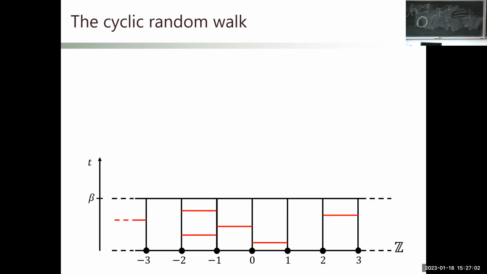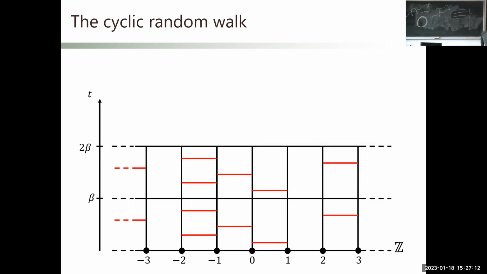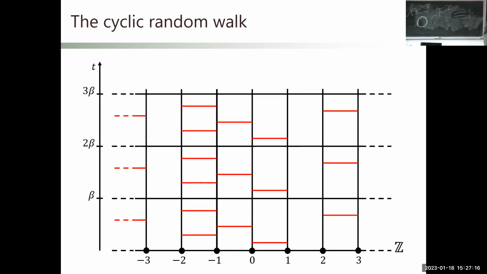Now, suppose you want to understand the cyclic random walk starting from the origin. What do you do? You just copy the same environment up in time. You take the same environment and put it on top of the old environment, and you keep doing it until infinity, periodic with period beta. This is why it's called the cyclic random walk.